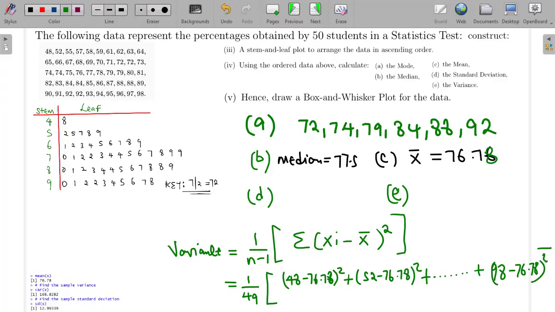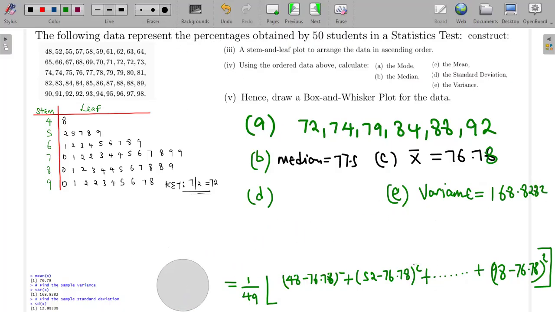Okay, and then squared. Whatever total you have here, divided by 49. So the answer that I'm going to get for my variance is 168.8282.